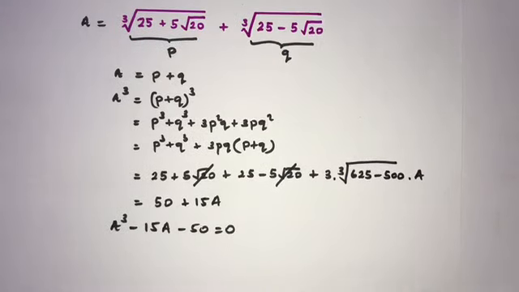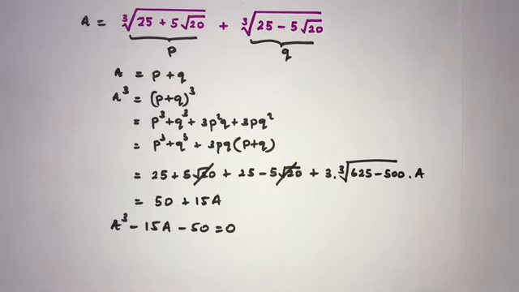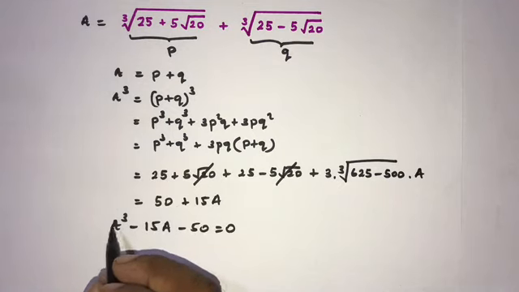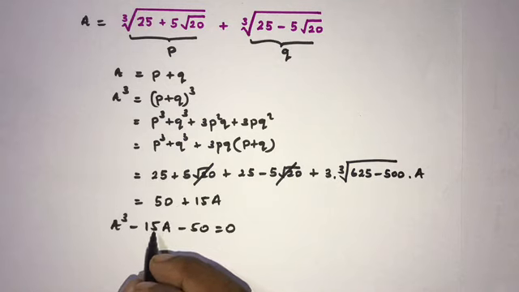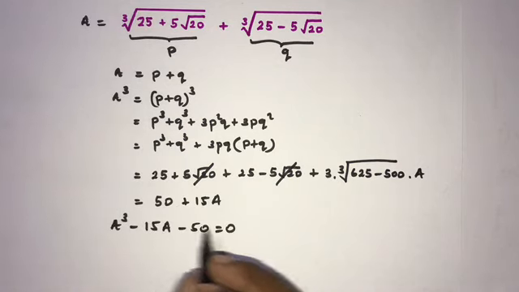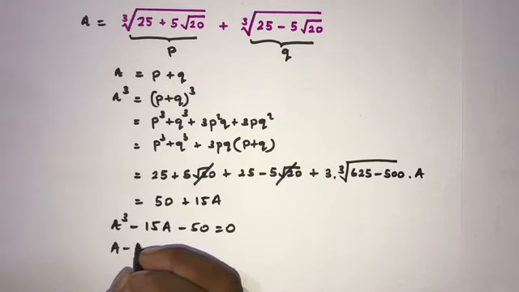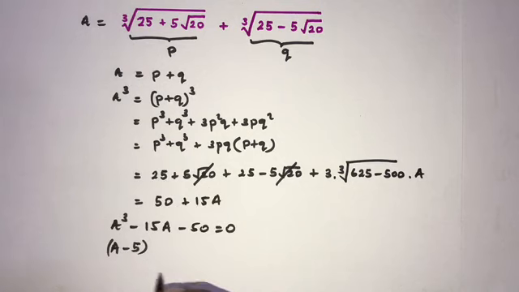Now we are going to find the roots of this cubic equation. If we plug in 5, 5 cubed is 125, and 15 times 5 is 75, minus 50 gives 125 minus 125, which is 0. So a minus 5 is a factor.